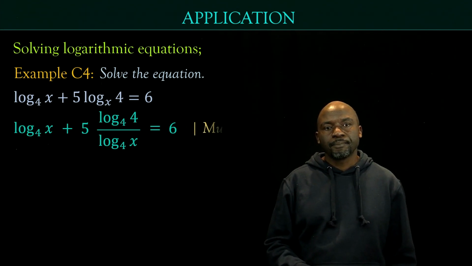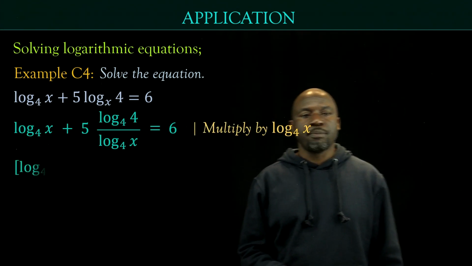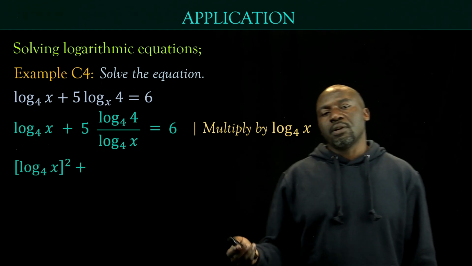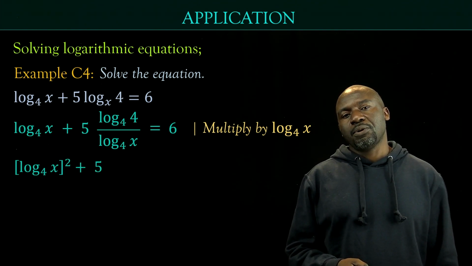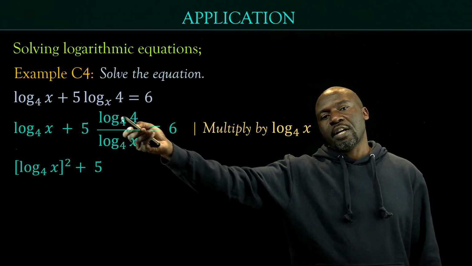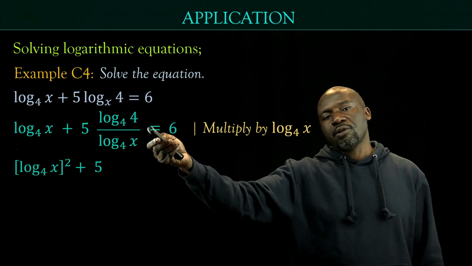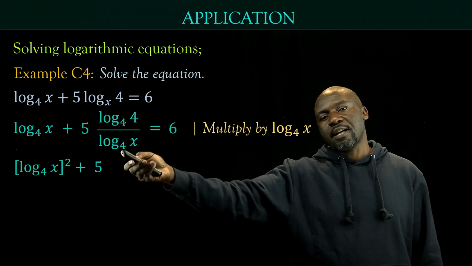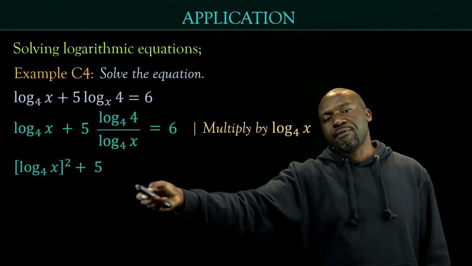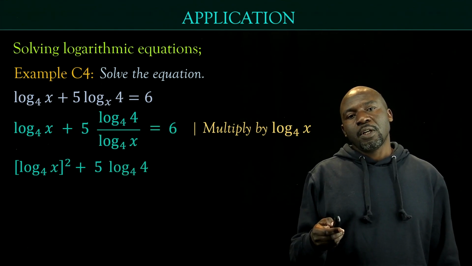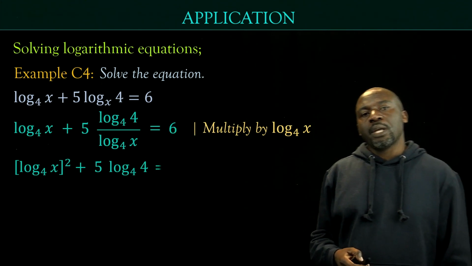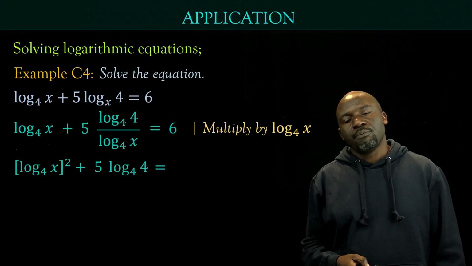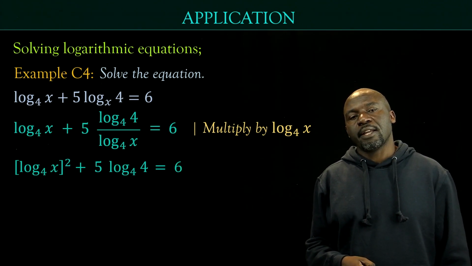So like this, multiply by log to base 4 of x. So log to base 4 of x squared plus 5 into, that is 1, and if I'm multiplying by log to base 4 of x, they cancel. So I'm basically just left with the 5, and this must be equal to, log to base 4 of 4 is 1, so this is equal to 6 into log to base 4 of x. So I can write that way.